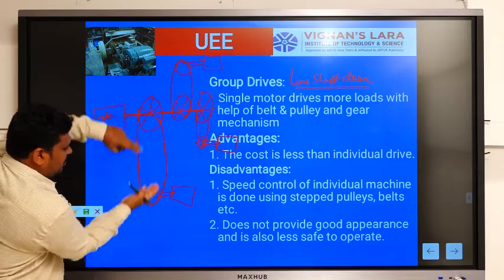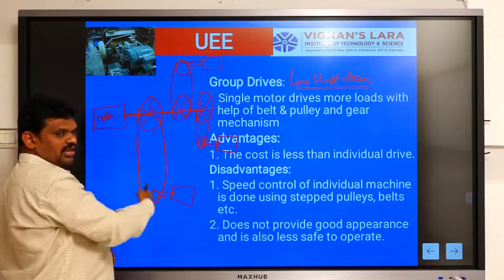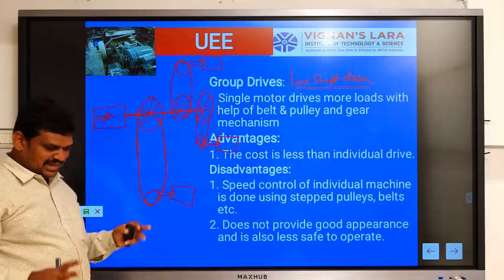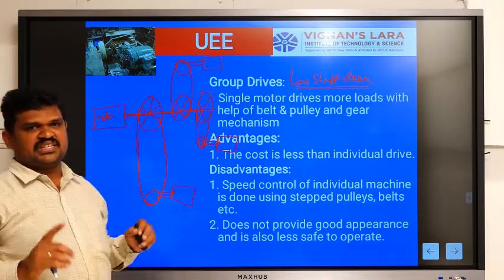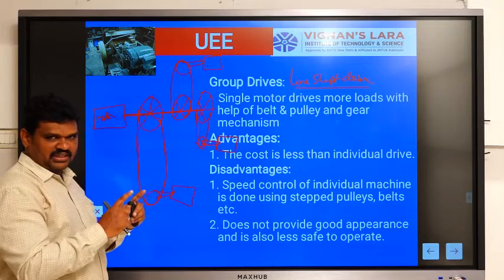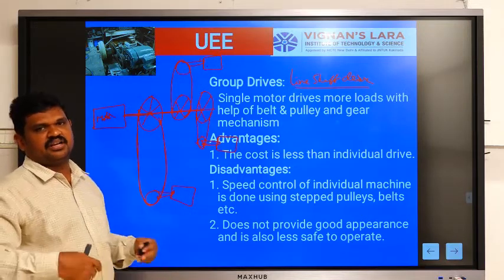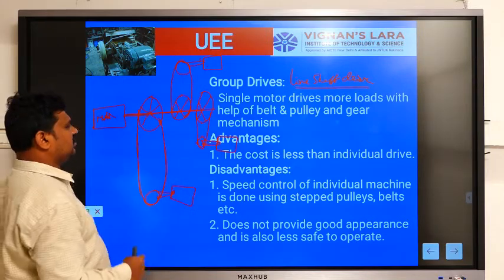These loads are connected to this motor shaft through the belt or the pulleys. The best example is rice mills. If you observe the rice mills, it has one motor. The remaining machines are connected to that shaft through a pulley and belt.